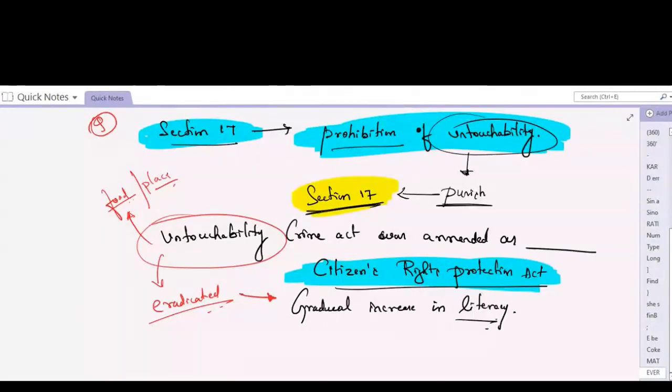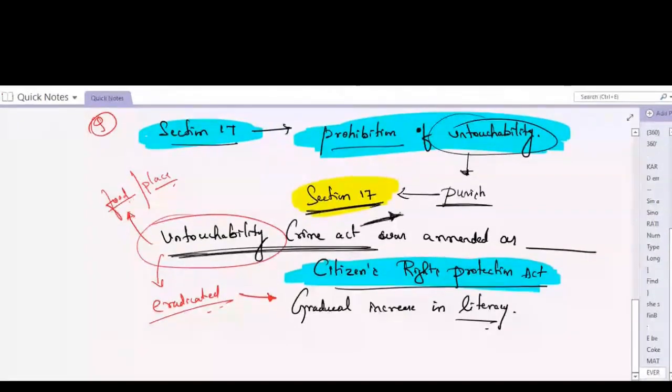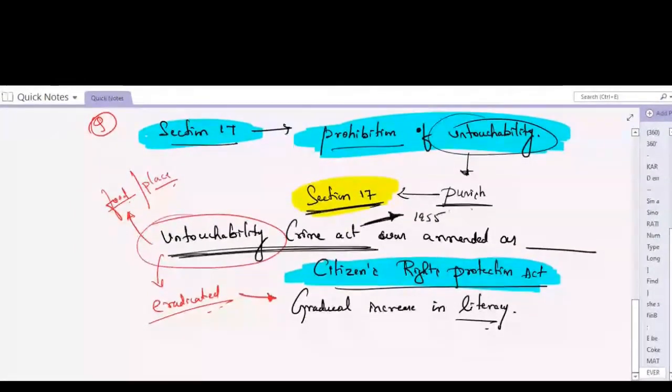Now, can you tell me in which year this Untouchability Crime Act was implemented? In which year? 1955. Very good. In 1955, this Untouchability Crime Act was implemented. Okay.